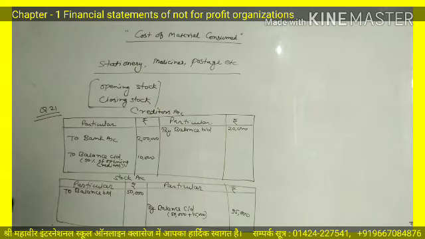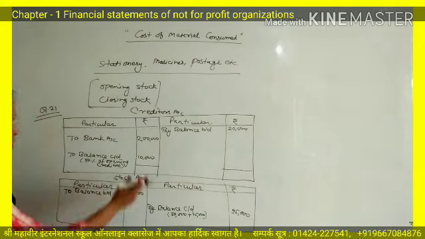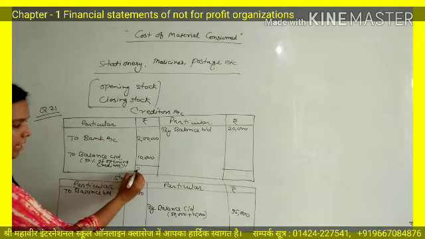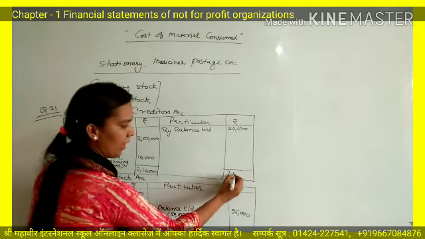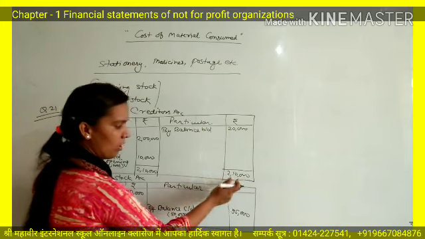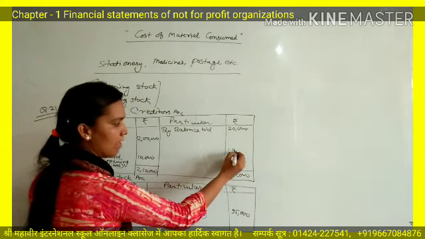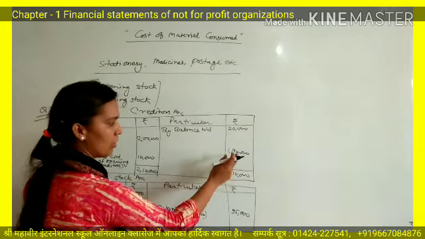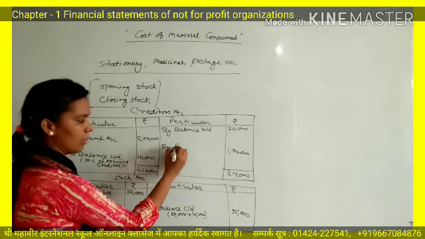Then just first of all close creditors account. Debit side balance is exceeding, that is 2,10,000. From this 2,10,000 minus 20,000, then the balance is 1,90,000. This 1,90,000 will be written as purchase.